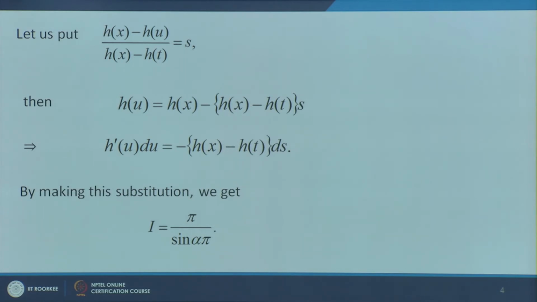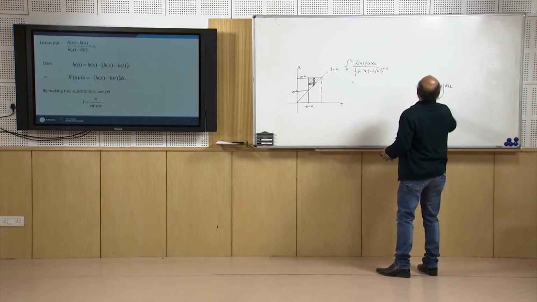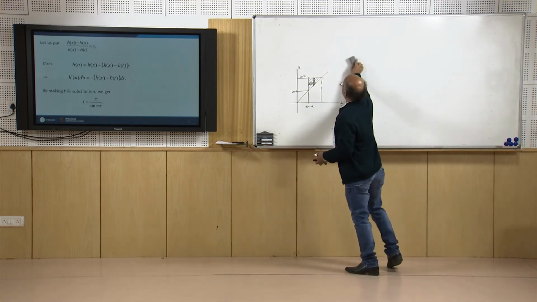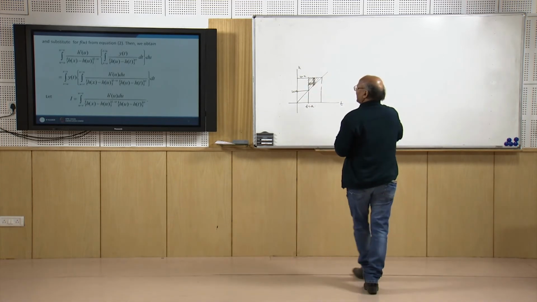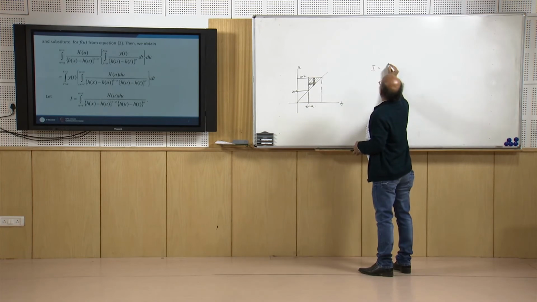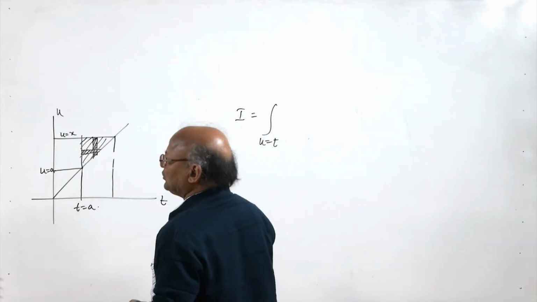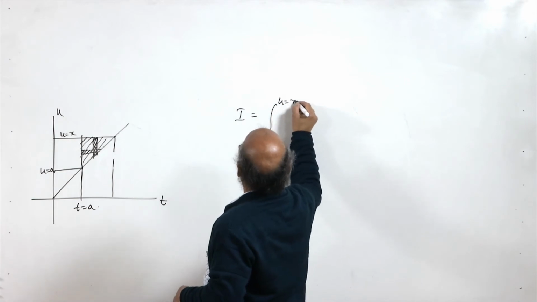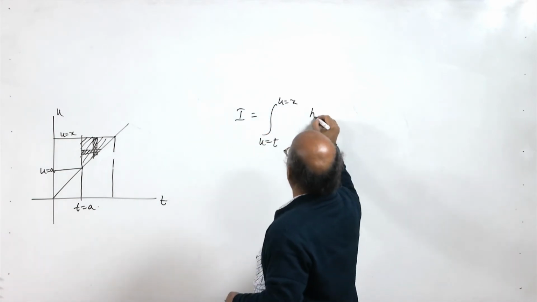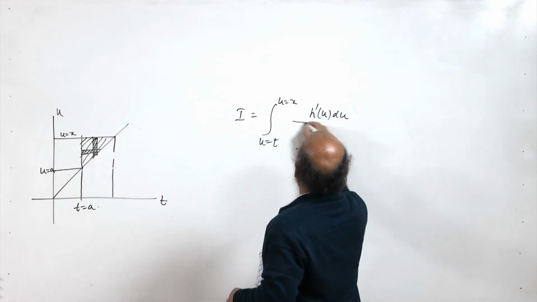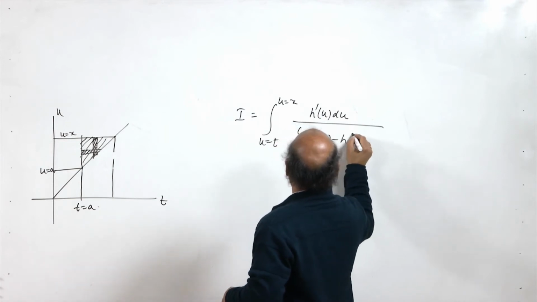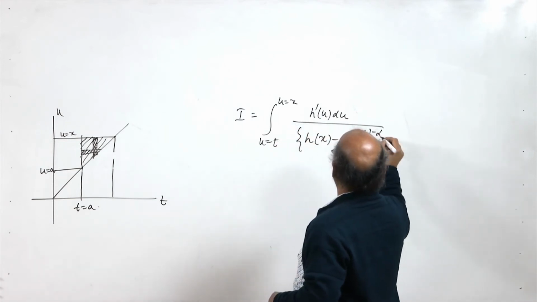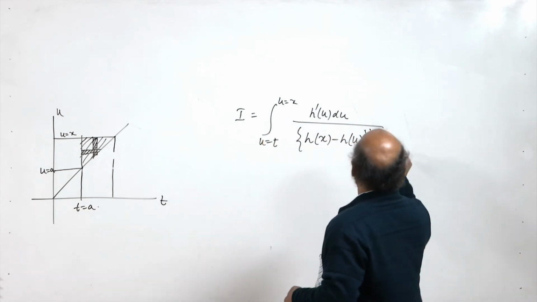Now, by making this substitution, I will become the integral from u equal to t to u equal to x of h prime(u) du divided by (h(x) minus h(u)) to the power 1 minus alpha and (h(u) minus h(t)) to the power alpha.